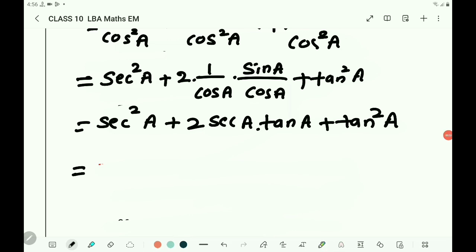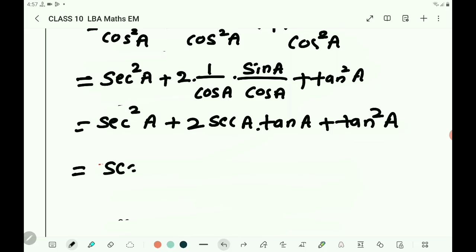And it is in the form of A square plus 2AB plus B square, which is the expansion of A plus B the whole square. In the place of A, secant A is there, in the place of B, tan A is there, so it is the expansion of what?